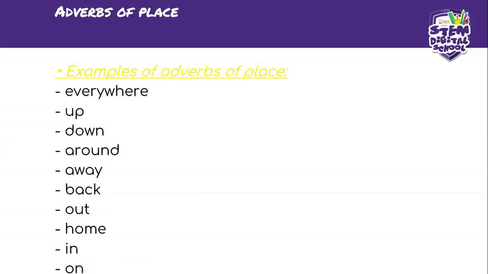Every time you see these words in a sentence, you will realize that they tell you about a place, or where something happens. They tell you about where a verb takes place.